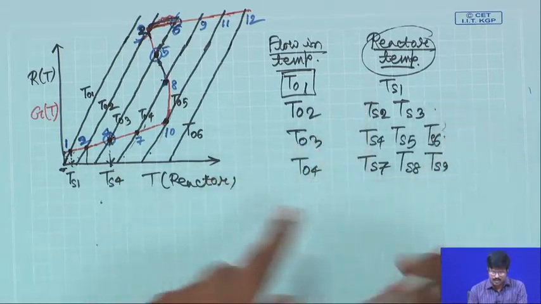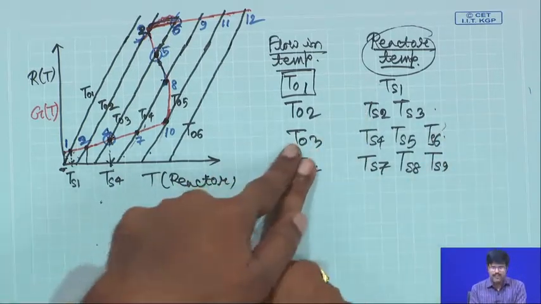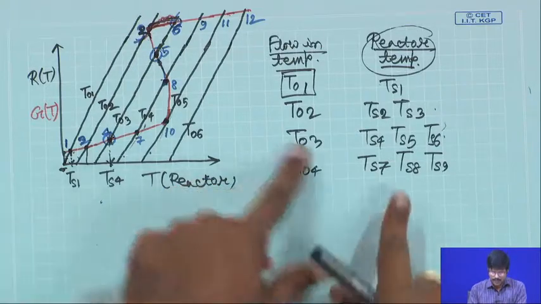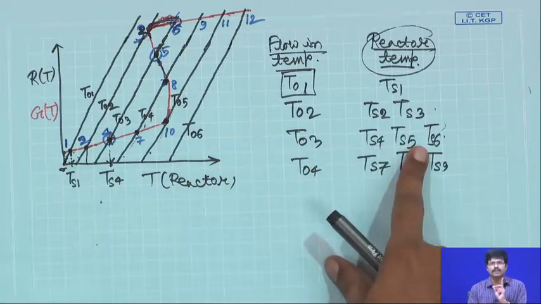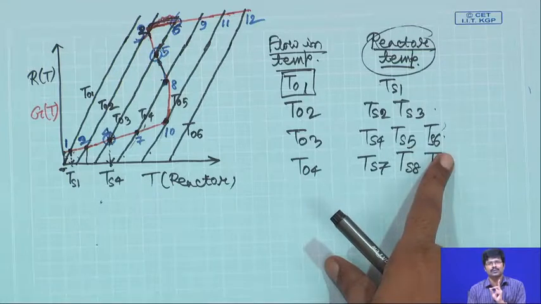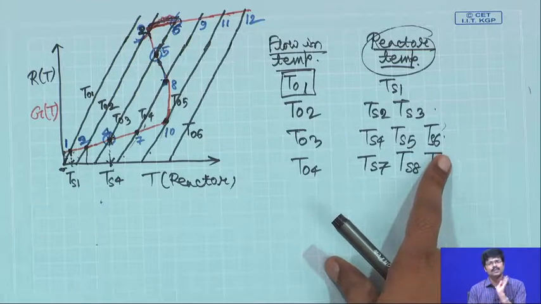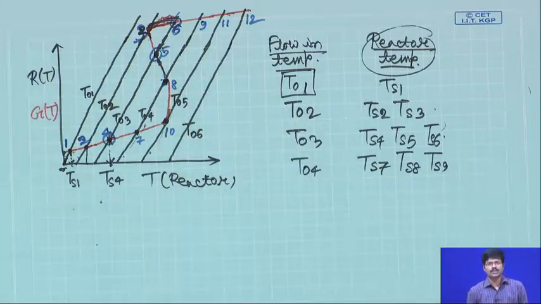So, if you are operating at an inlet temperature of T03, you have three different temperatures at which you can operate the reactor. At all these three temperatures the system will be in steady state. That is the idea of this particular graph.